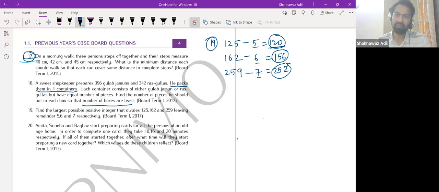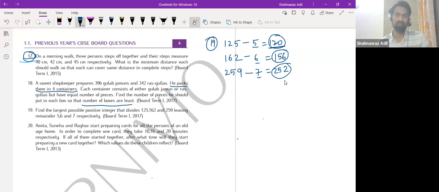And we have to find a number which divides all these three numbers. So would the number be smaller or bigger? Bigger. Let's say if I take 125, that will not divide this 120. I have to find a number which divides this 120, this 156, and this 250.